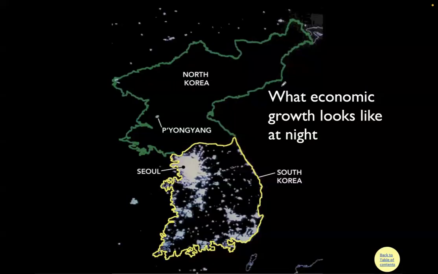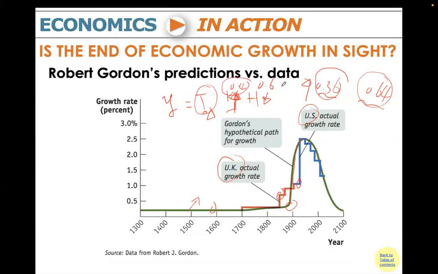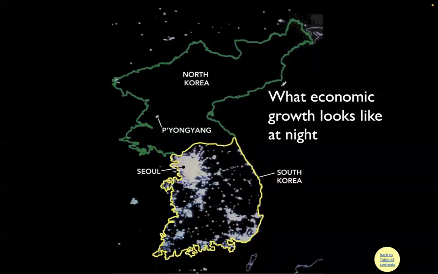So now we understand what determines labor productivity. Now we are going to see how this matters, or furthermore, why we care about this. By the way, this is what economic growth looks like at night. Why do we look at night? Because it is one indicator. Some countries can forge the numbers, but the night sky is not going to lie.